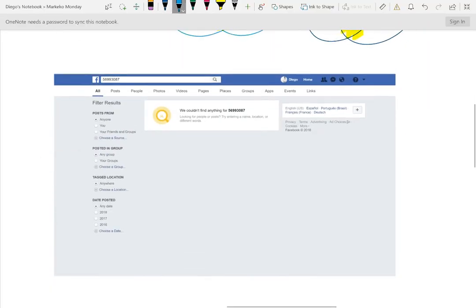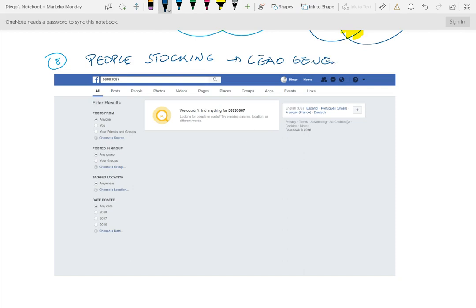Number 5, and this I would say was more with regards to what I call people stalking. And it used to be big for lead generators. So I don't know if you're aware, but before you were able to just put in a phone number or an email address and Facebook would show you that person.